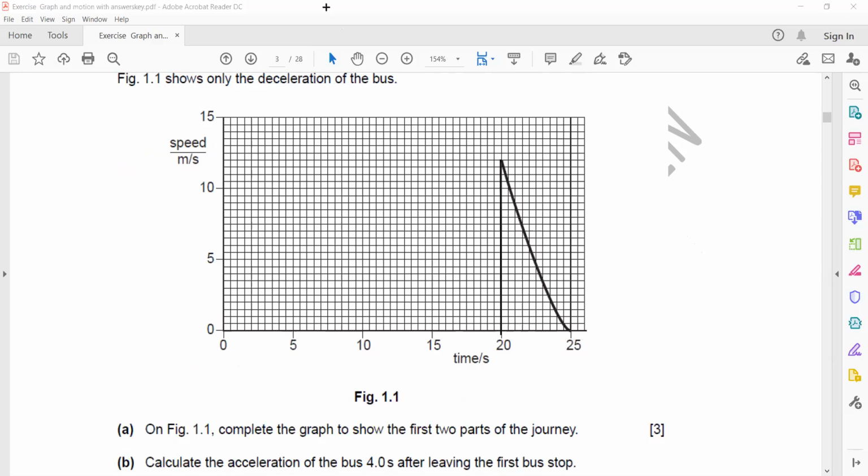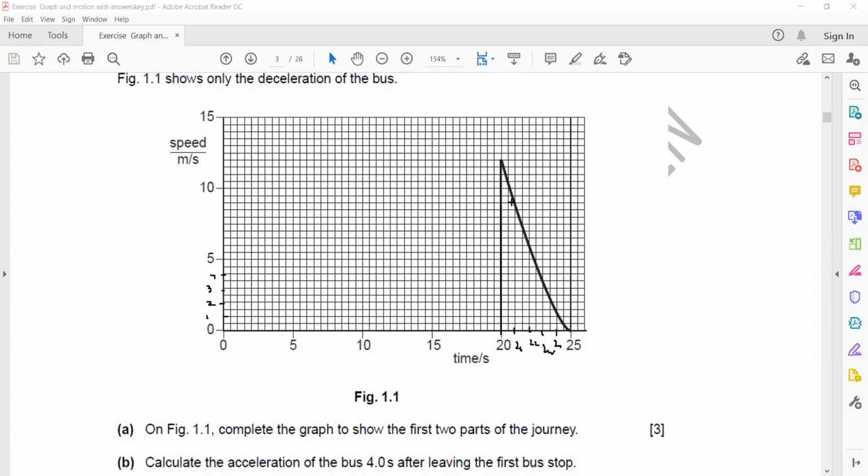So what I can do is divide this into equal parts, horizontal and vertical. This is 21, 22, 23, and 24. On this axis, each two boxes are representing 1, 2, 3. It's up to you: draw equal horizontal and vertical lines.